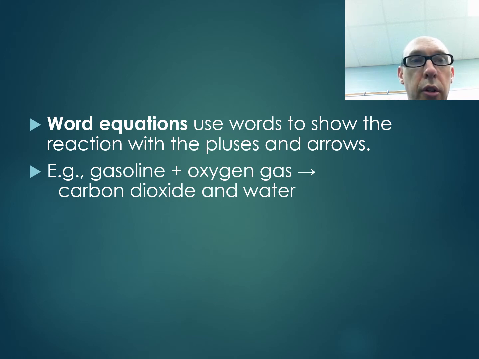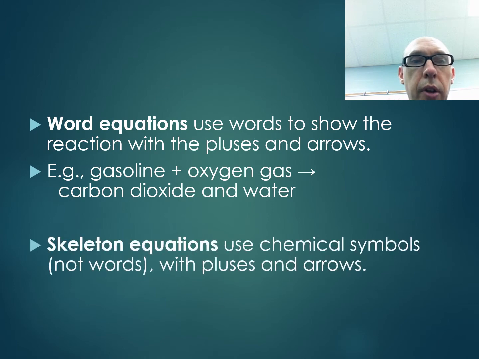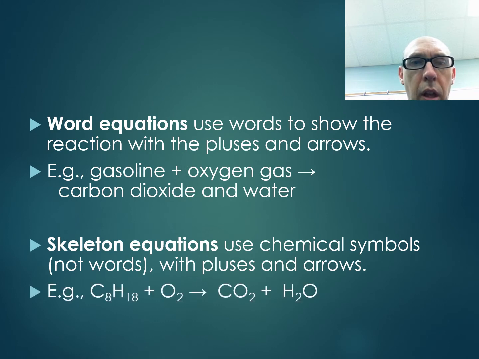That's our word equation. The next version is a skeleton equation, and skeleton equations use chemical symbols in place of those words, and still use the pluses and the arrows. So gasoline will be replaced with its symbol, oxygen gas with its symbol, and so on. Now it's getting even more and more compact.